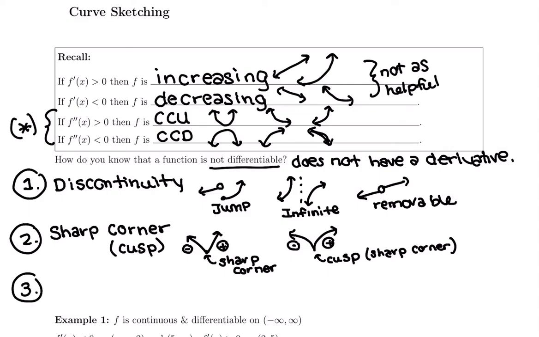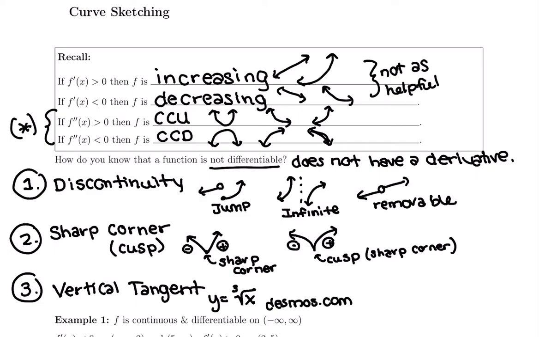The last thing is the hardest to draw. It's called a vertical tangent. It's where the slope is so steep it would be a vertical line to draw the slope there. And we've actually done one like this as well. If we look at the cube root of x, if you have a graphing calculator, you could use that, or if you pull up desmos.com, you can type it in and see what the picture is.